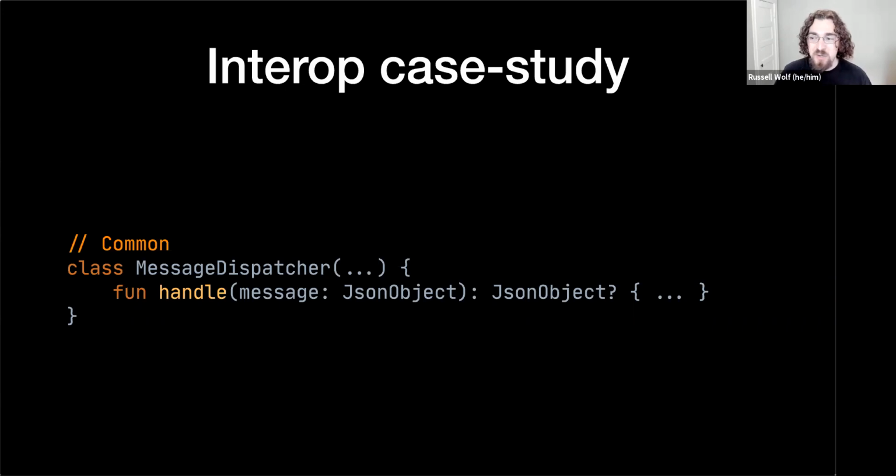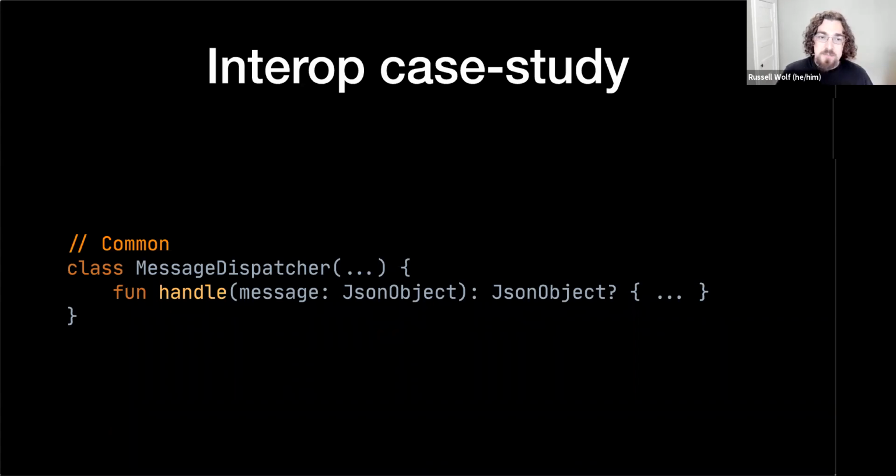The web view would take it in as a string, parse it to a JSON object. This handle function was doing a ton of work, talking to a bunch of other things to process whatever was happening, and possibly send a response.